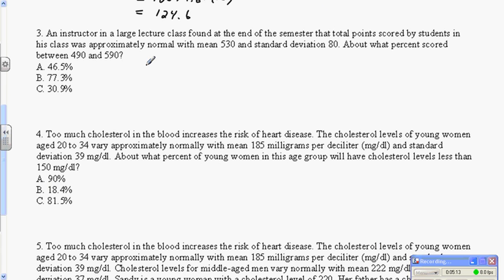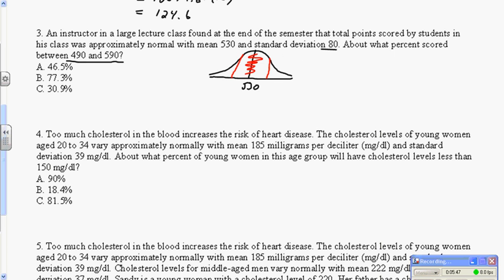An instructor at a large lecture class found at the end of the semester that total points scored by students in his class were approximately normal, with a mean of 530, standard deviation 80. What percent scored between 490, which is over here somewhere, and 590, which is over here somewhere?